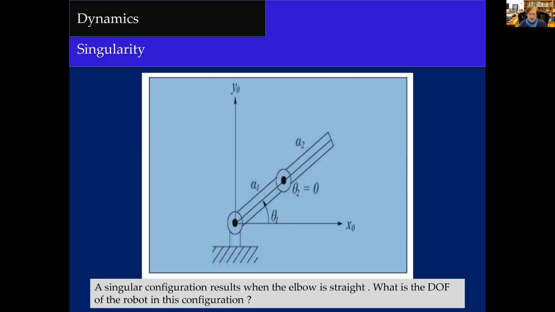And this is a case of singularity. Of course, this may not be very worrisome in a two-dimensional space and with a 2 degree of freedom robot, but you can maybe visualize the difficulties when the robot becomes much more sophisticated.